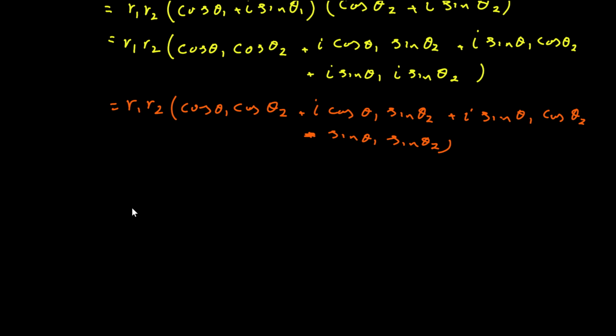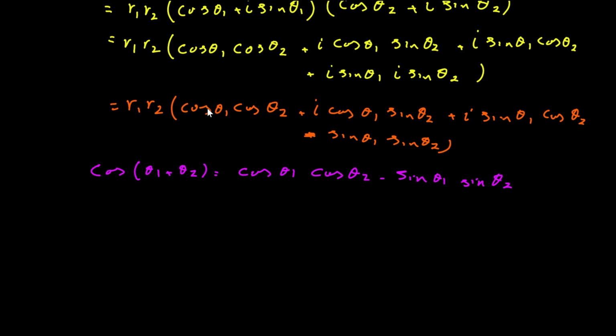The cosine of theta 1 plus theta 2 is equal to cosine of theta 1, cosine of theta 2, minus sine of theta 1, sine of theta 2.